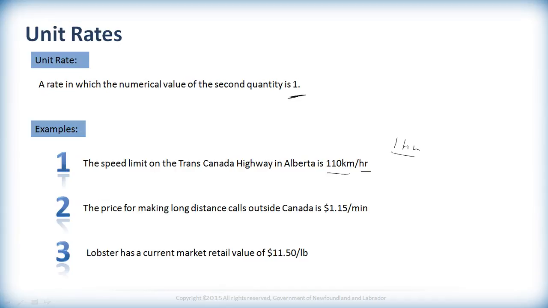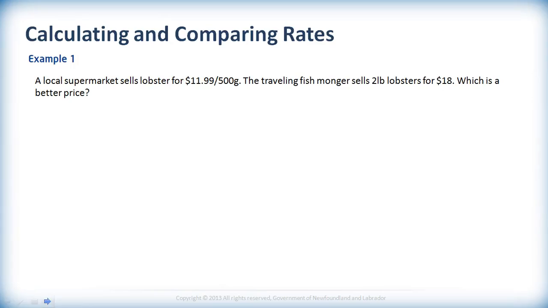The price for making long-distance calls outside Canada is $1.15 per minute. That's 1 minute. And lobster has a current market value of $11.50 per pound. So that's per 1 pound. So the idea is that the second quantity that we're comparing in our rate has to have a value of 1. And if that's the case, we're talking about a unit rate.